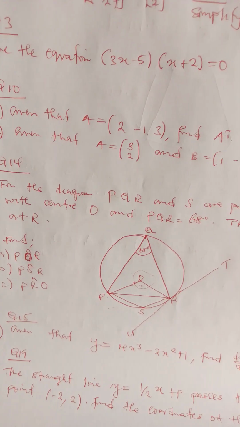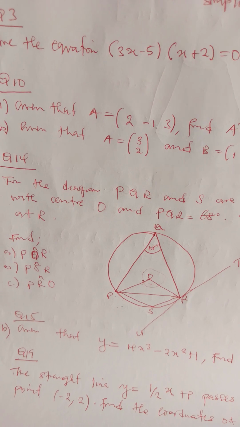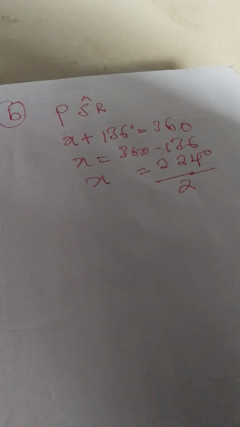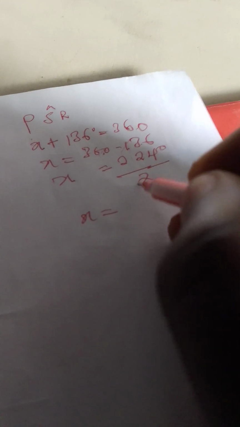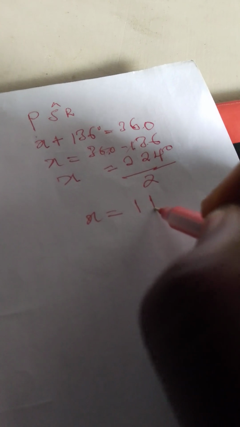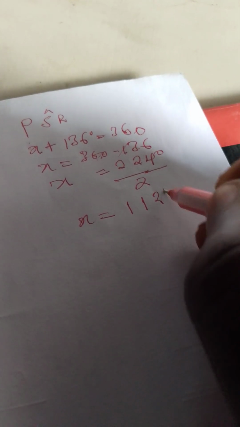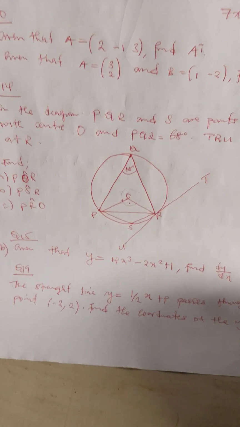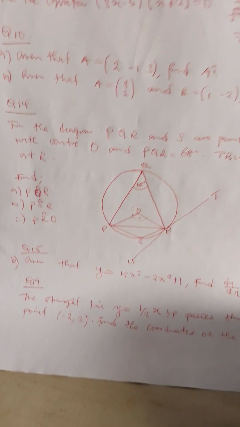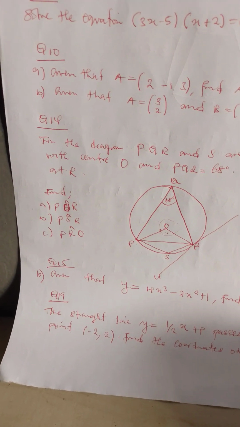If it is twice, you are going to divide your x value by 2. Then x is equal to 224 divided by 2, which is 112 degrees. It is the required angle for PSR.